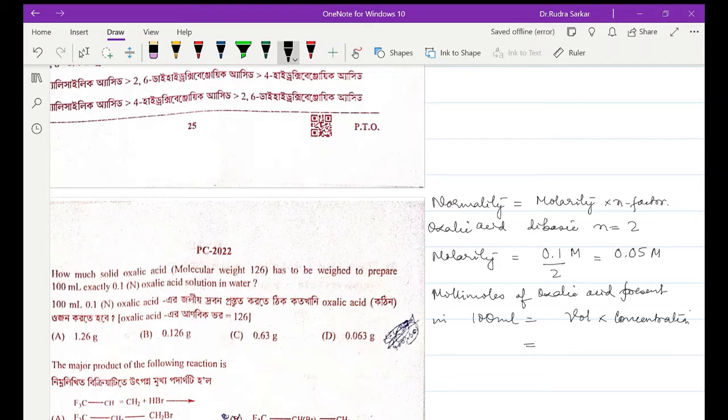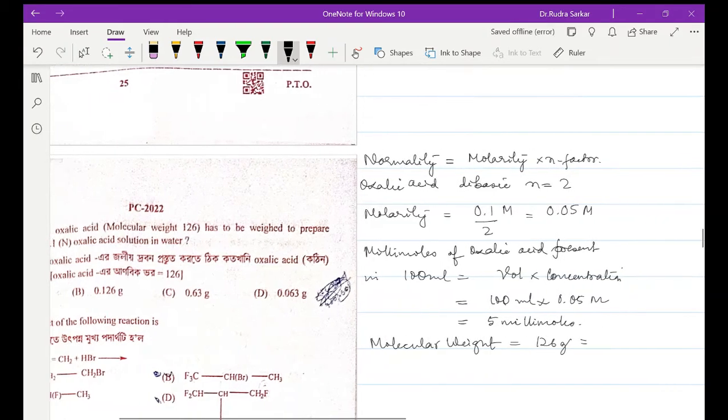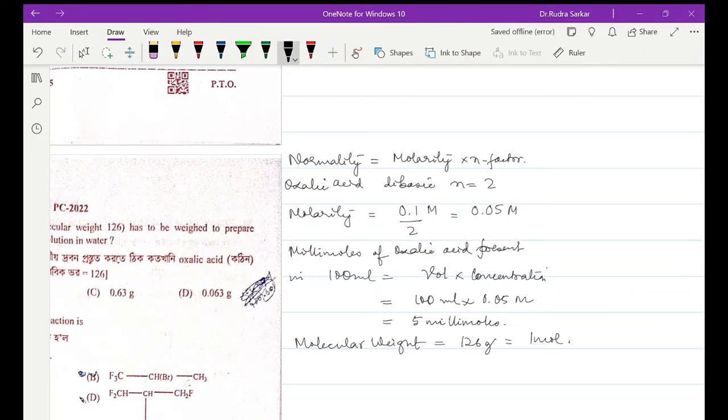That is nothing but 100 ml into 0.05 M, and that is going to be 5 millimoles. Now we know the molecular weight is given out to be 126 gram, and that is the weight of 1 mole of oxalic acid.